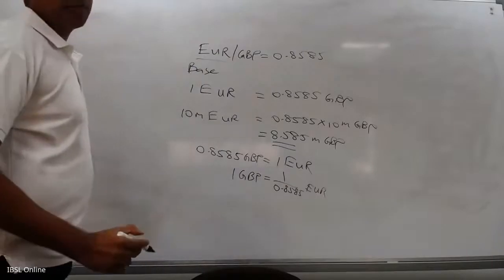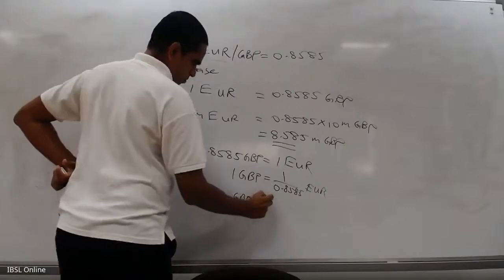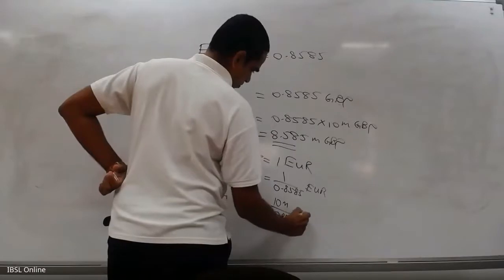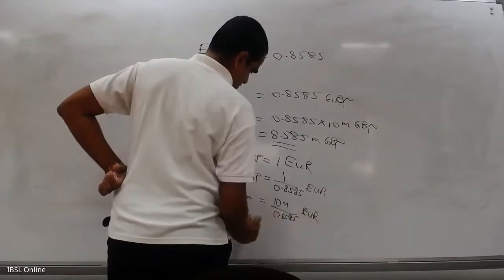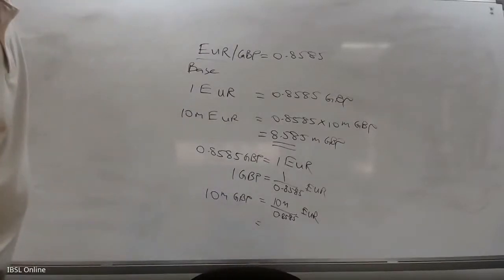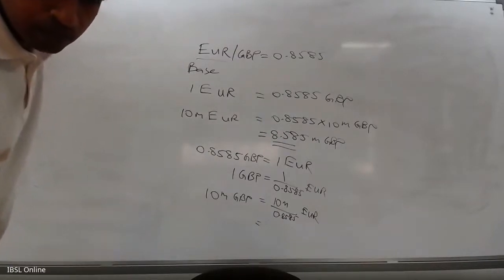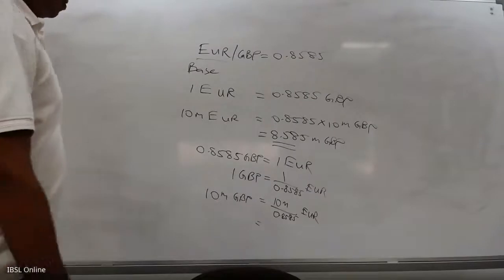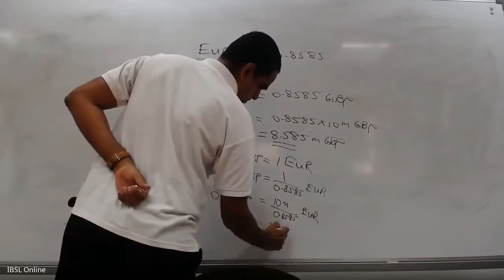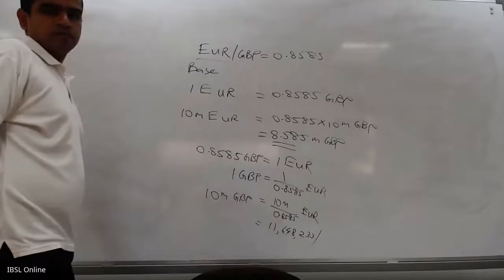You have 10 million sterling. It's 11,648,133.565.